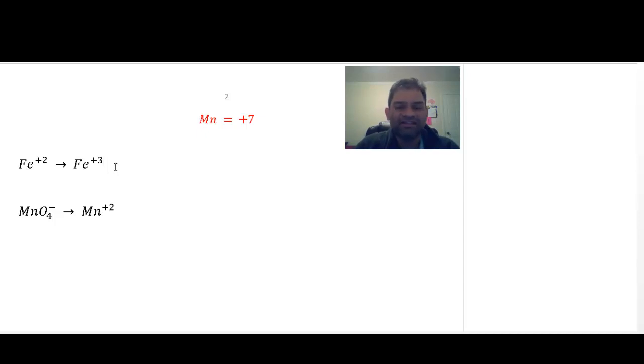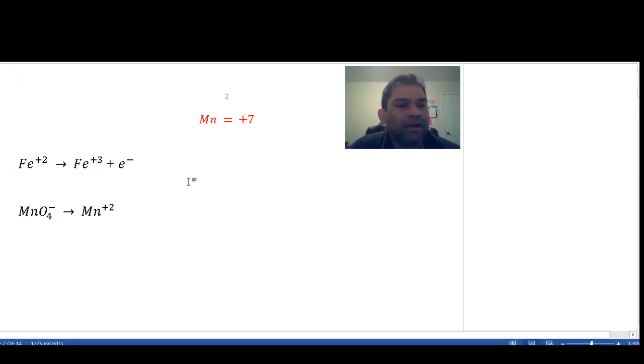In order to balance this out with electrons, we will need to actually have 1 electron on the product side. So plus 3 minus 1 is plus 2. In order for Fe plus 2 to go to Fe plus 3, it has to lose an electron. So we balance this by charge.